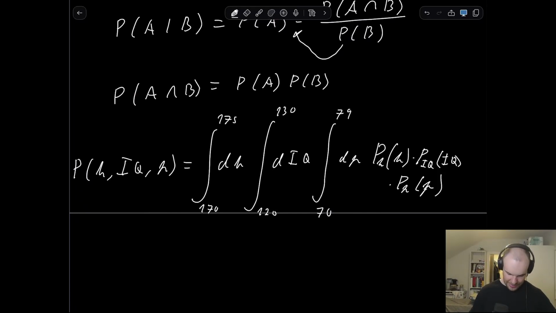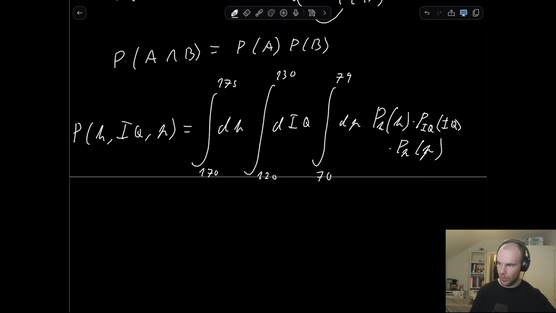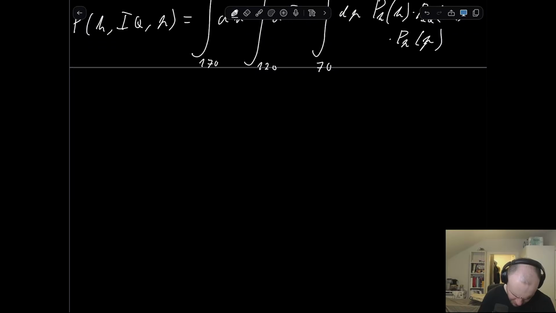Okay, yes. Now we can go one step further. Now we know the probability of multiple events, and if they are independent. So the next step now is what is called the central limit theorem. Before starting the central limit theorem, we can look at the law of large numbers, which is pretty intuitive.